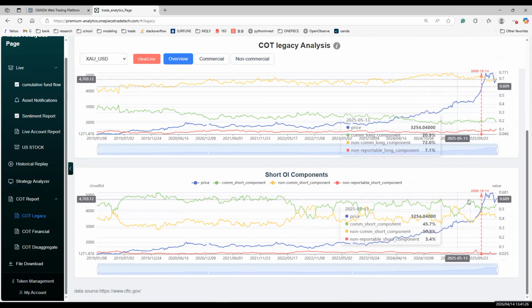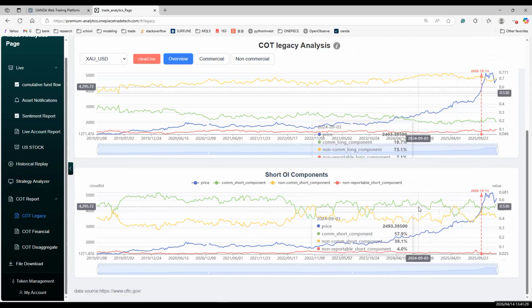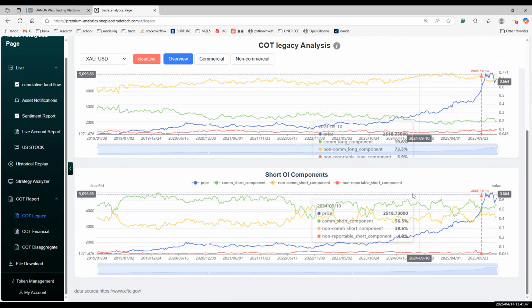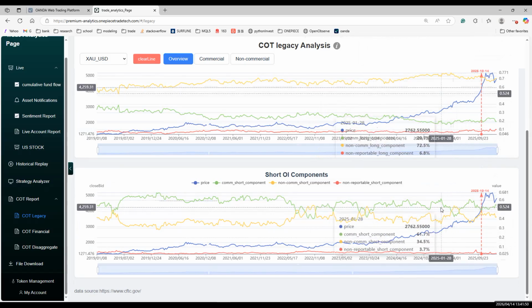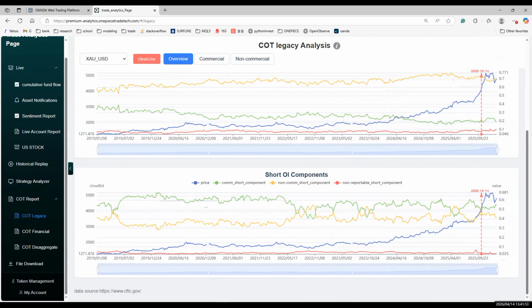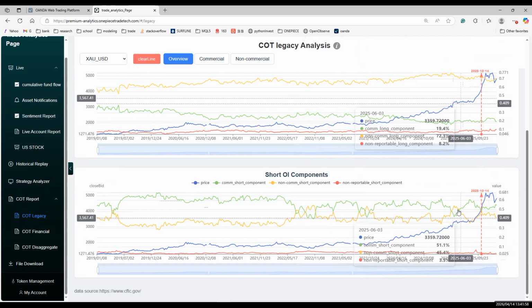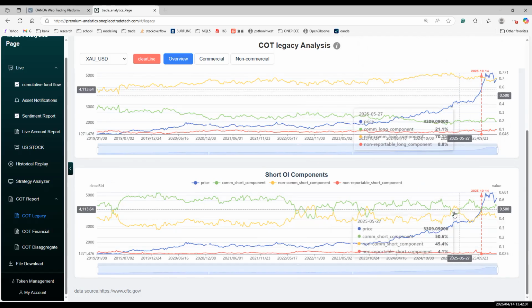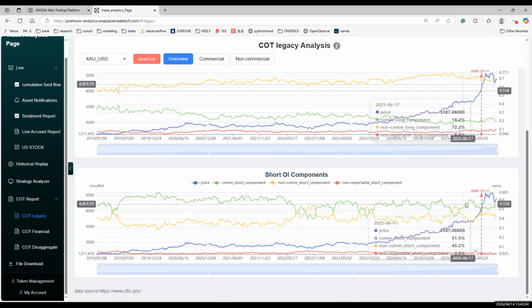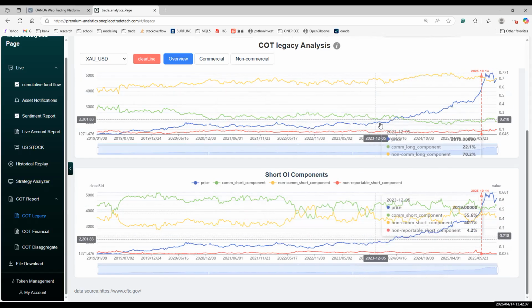Some of them are physical producers, or the industries that actually buy and manufacture or sell gold for physical use, and they have to open sell contracts on the market to hedge their business risk or lock in their price. So they are the major player on the short end. But we don't see anything alerting just from this chart alone.